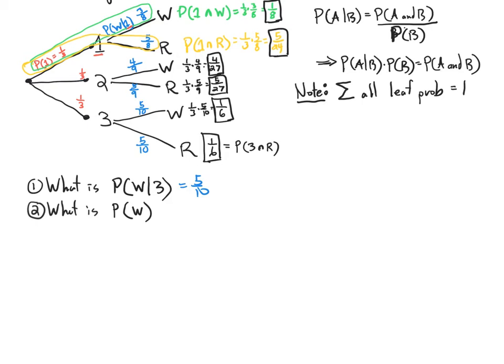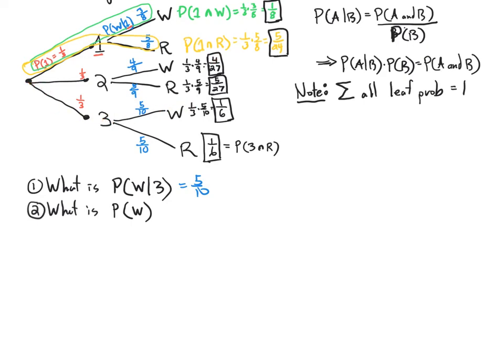Remember, there's only 6 possible outcomes for our experiment. There's no given here, so we're starting right at the start. Okay. So, the ways we can pick a white is we can either pick a 1, then pick a white, so 1 and white, or it can be 2 and white, or it can be 3 and white.